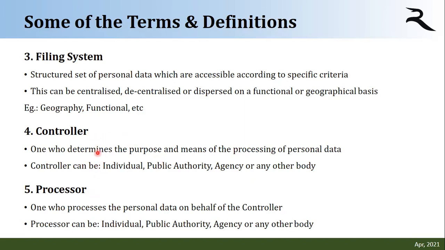In cases where the same organization performs the activity, both controller and processor will be the same organization. But if you look within the organization, function A could be playing the role of a controller, and function B could be playing the role of a processor. And if you go one step further, if you have outsourced a particular business activity, then that outsourced organization will become a processor. However, the accountability still sits with the controller.